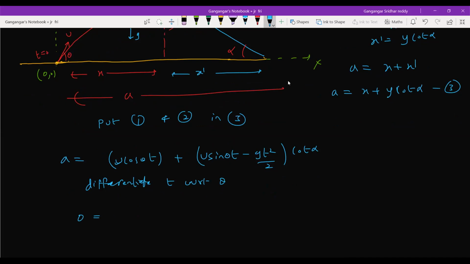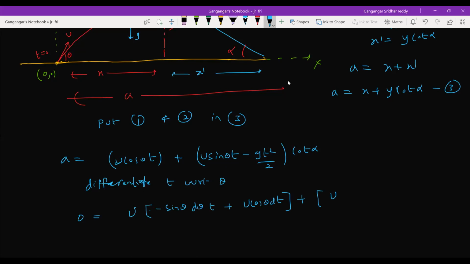Okay, fine, I'll proceed like this now. The differentiation of cos theta gives minus sine theta d theta t, plus u cos theta dt.